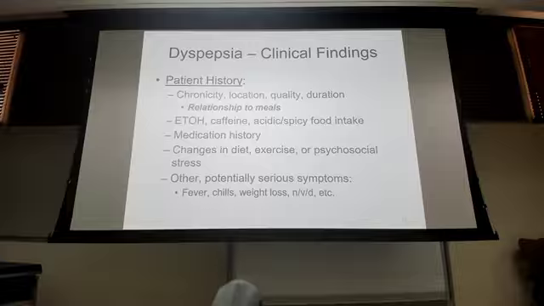Alcohol, caffeine, spicy foods, any recent changes in diet, exercise, or psychosocial changes. And then we mentioned some of the serious things. So if you've got fever, chills, weight loss, nausea, vomiting, diarrhea, probably not functional dyspepsia. We need to do further study. Those alarm bells are going off.